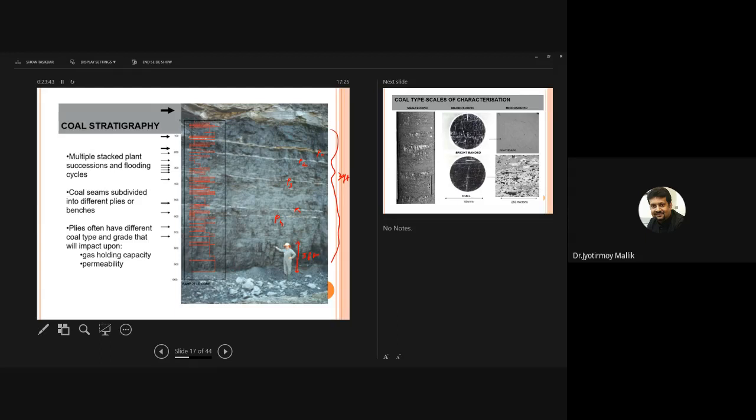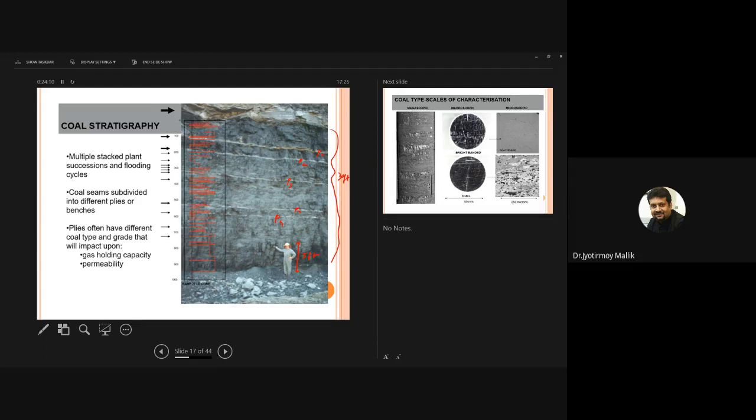So these partings are actually very important indicators of the coal cycles. Why are they important in terms of coal cycles? While these partings were being deposited in that area, that means coal was not being deposited.